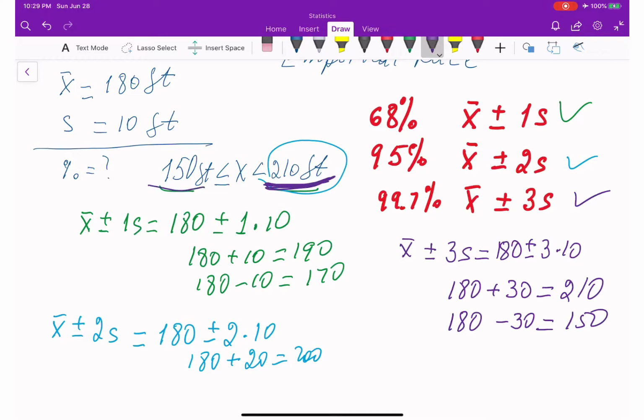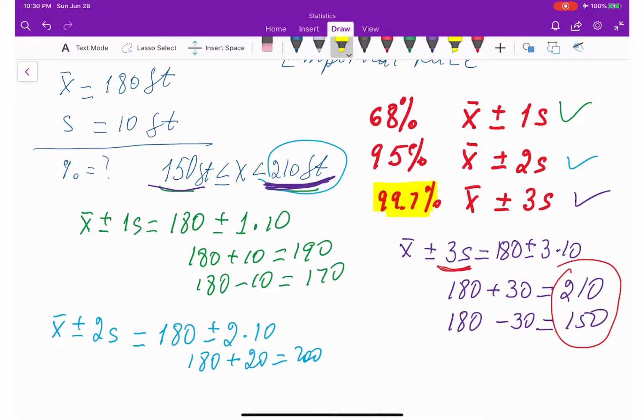Bingo. So 3s is bringing us to the range we are interested in, 150 and 210 feet. So from here, x bar plus or minus 3s is 99.7%.